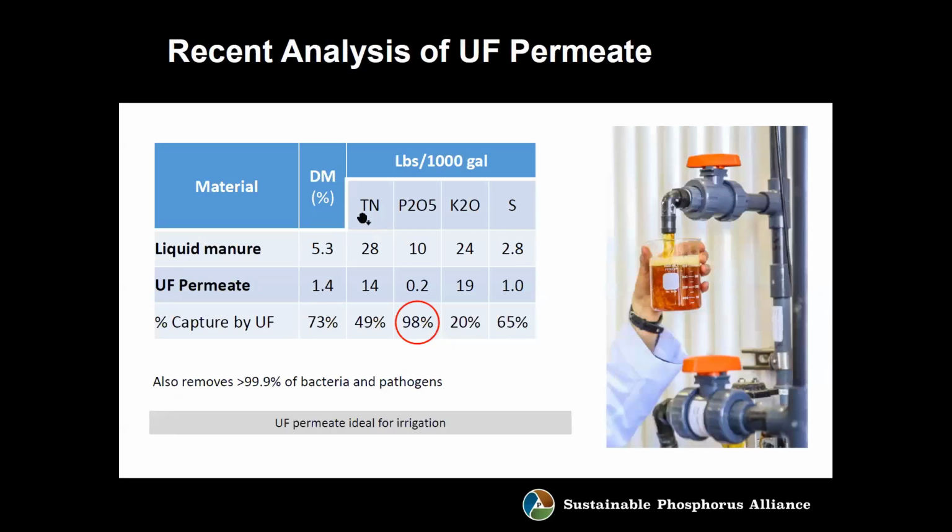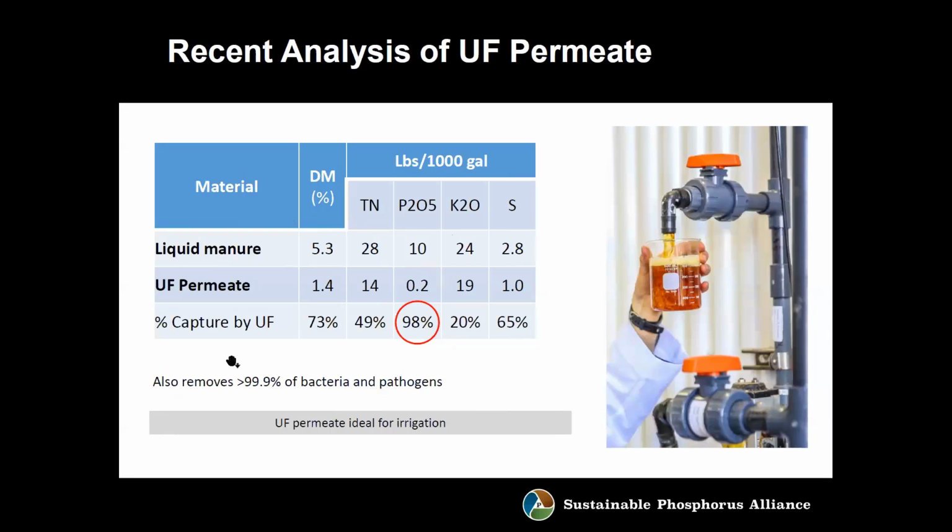So just to give you a sense of a recent analysis we took at this site, the liquid manure comes in at about 5.3% dry matter, and it has 10 pounds of P2O5 per 1,000 gallons. The UF permeate comes out at 1.4% total dry matter with 0.2 pounds of P2O5 per 1,000 gallons. So that's about a 98% removal rate on phosphorus.